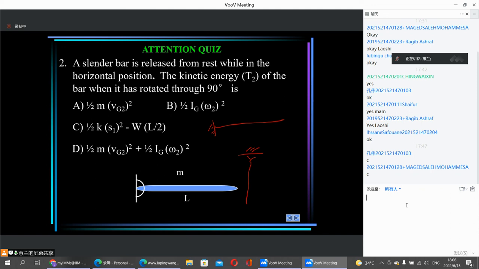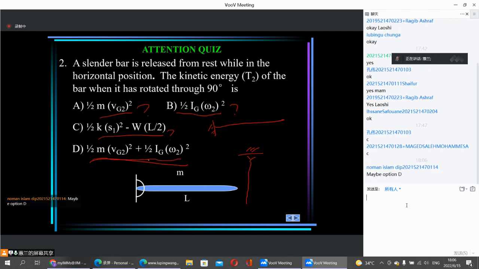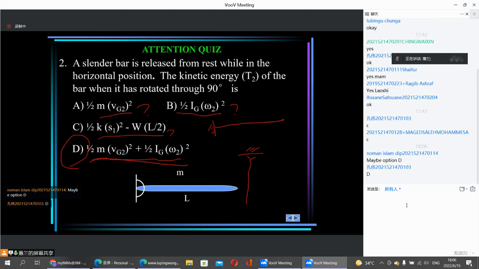It's rotating, so its kinetic energy will equal to this one, this one, this one, or this one. Can you tell me your answer? Yeah, very good. D, yes.